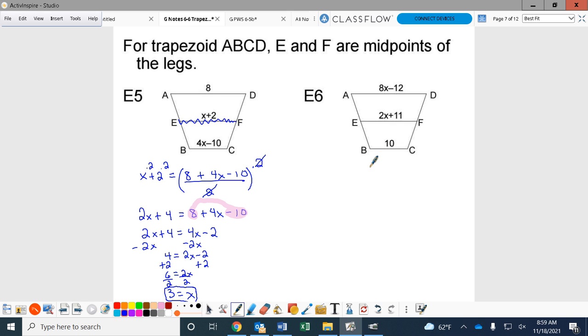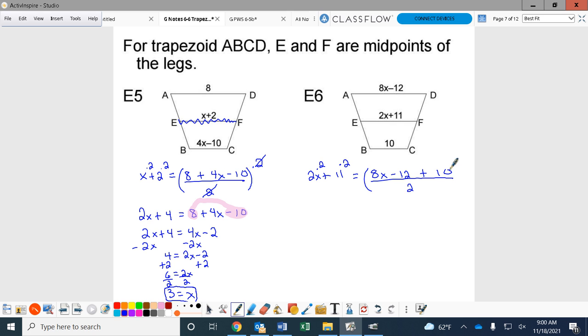Okay, for the last one of these before we go to kites, it's going to be the one in the middle, 2x plus 11, is equal to the top, which is 8x minus 12, plus the bottom, which is 10, all divided by 2. We're going to multiply everything by 2.